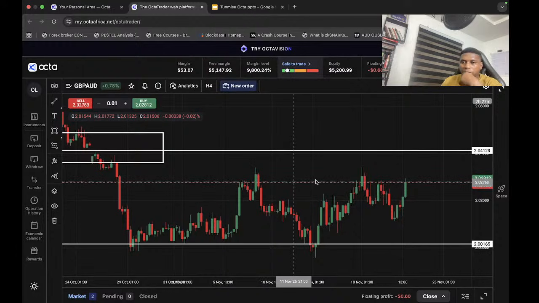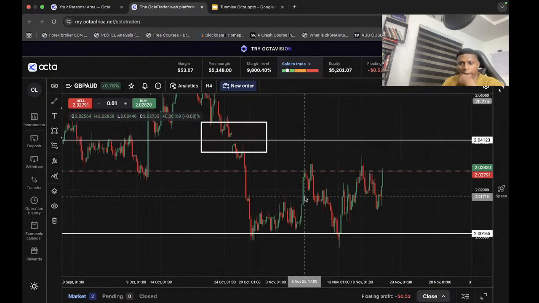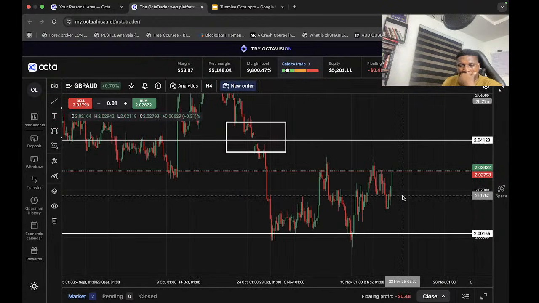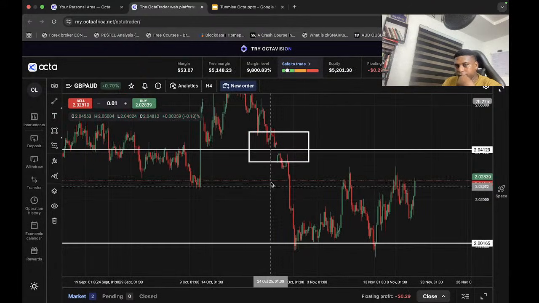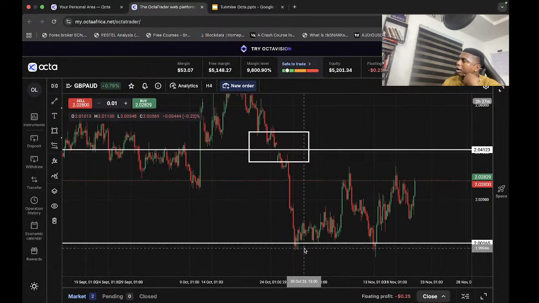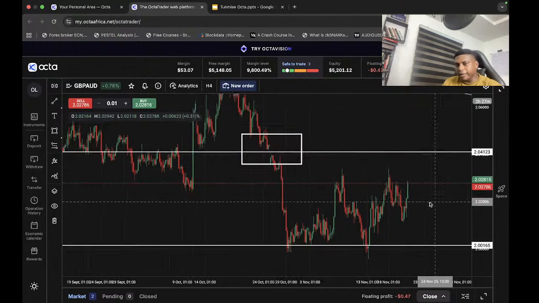Good. So now you can see that on the 4 hours time frame, it's looking more like price is recovering from the breakout to the downward side, and then consolidating and moving upward. All right.